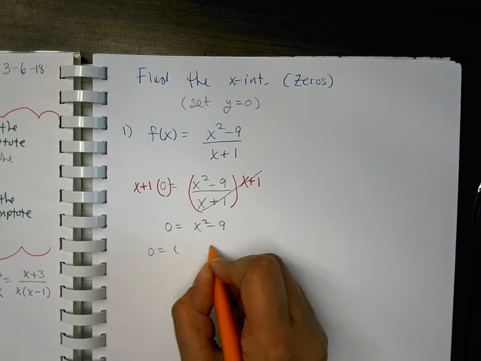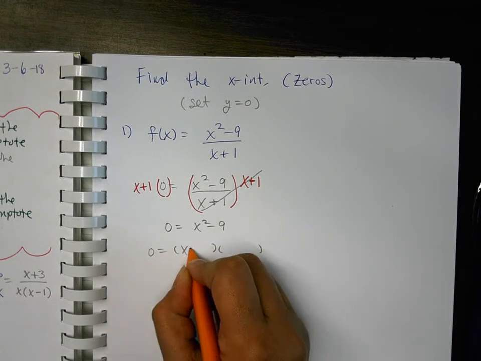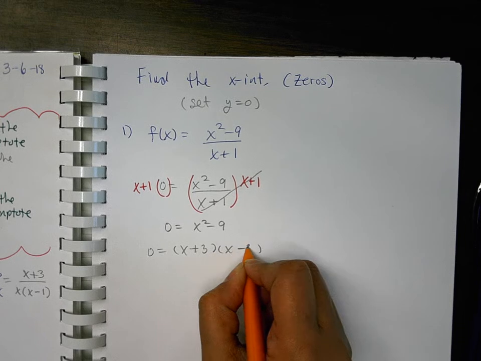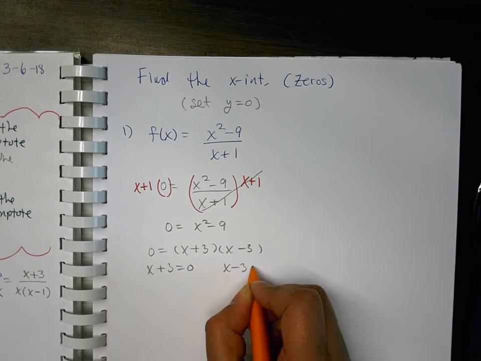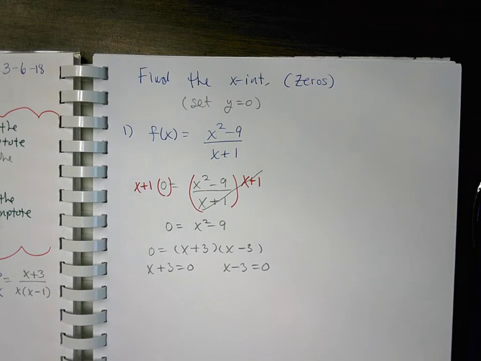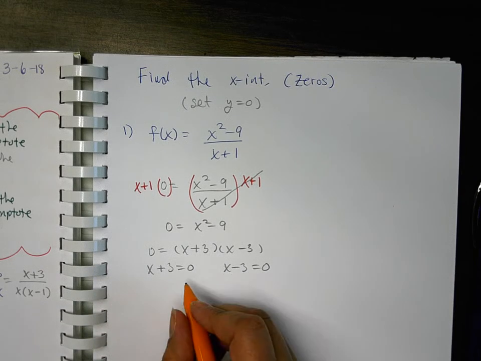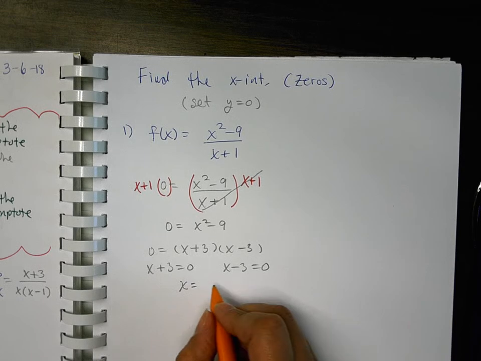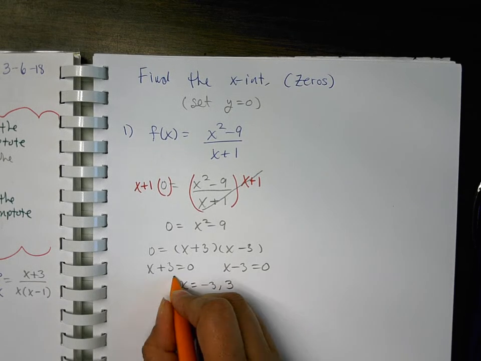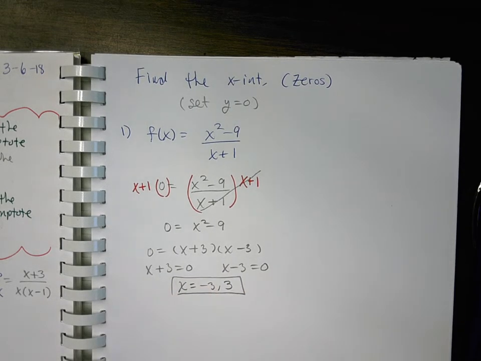I heard two different people say that. x plus 3, x minus 3. x plus 3 equals 0, x minus 3 equals 0. What are your two solutions? -3 and +3, plus or minus 3 is fine. Those are your x-intercepts. So on this graph, how many x-intercepts will you have? 2.